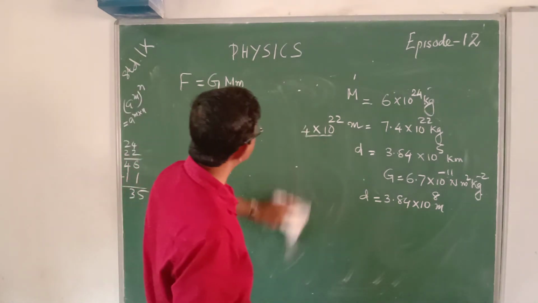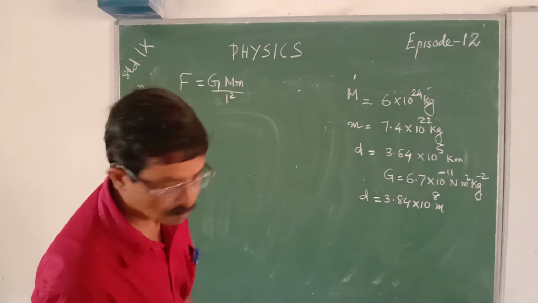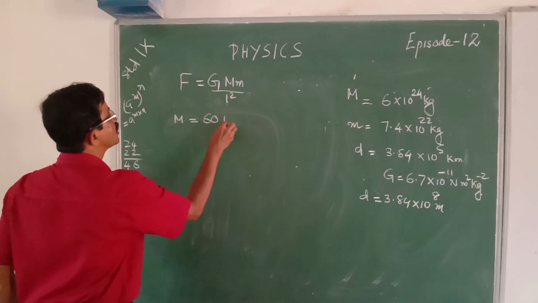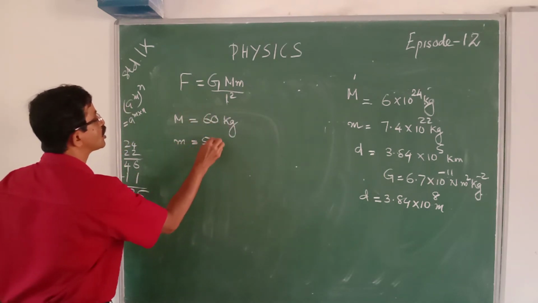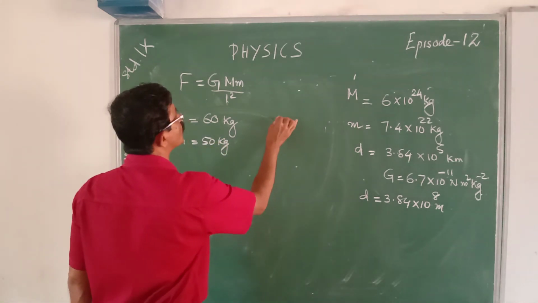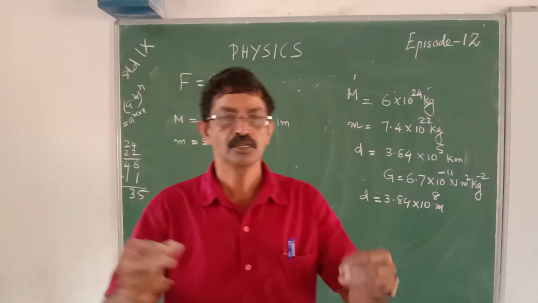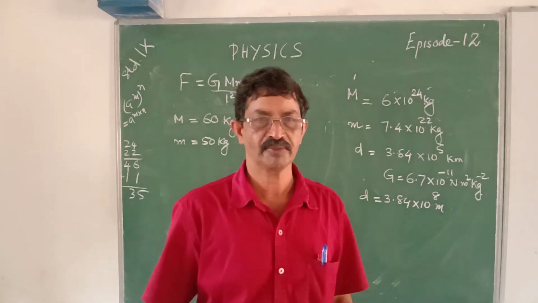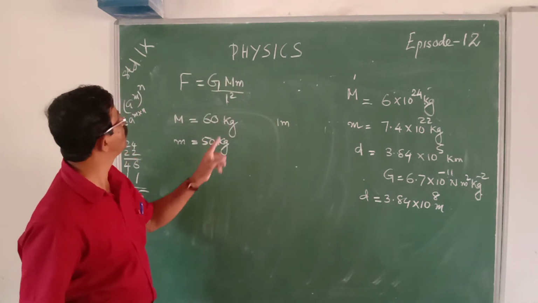Suppose one of you has a mass m equal to 60 kg and another has a mass of 50 kg, and you are sitting at a distance of 1 meter. Now you think, even though the force is attraction, why do you not come close to each other?